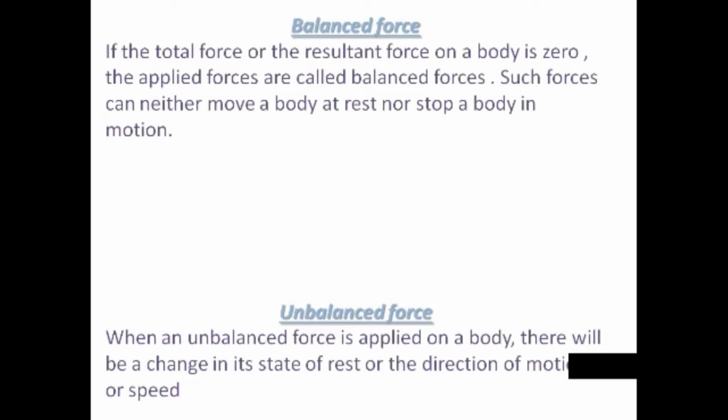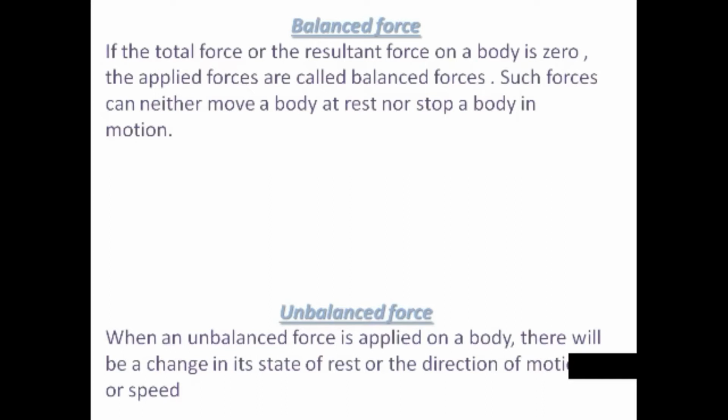And this force neither moves a body at rest nor stops a body in motion because this force has no role in doing work. In unbalanced force, when an unbalanced force is applied on a body, there will be a change in its state of rest, or the direction of motion, or speed.